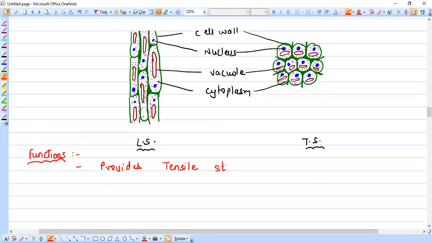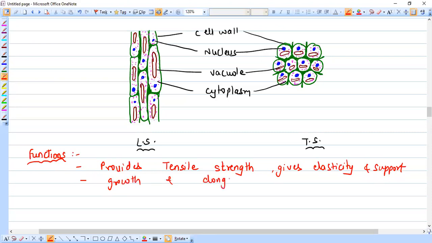Sclerenchyma provides tensile strength, gives elasticity and support. The second function of Sclerenchyma, it is responsible for growth and elongation of organs.